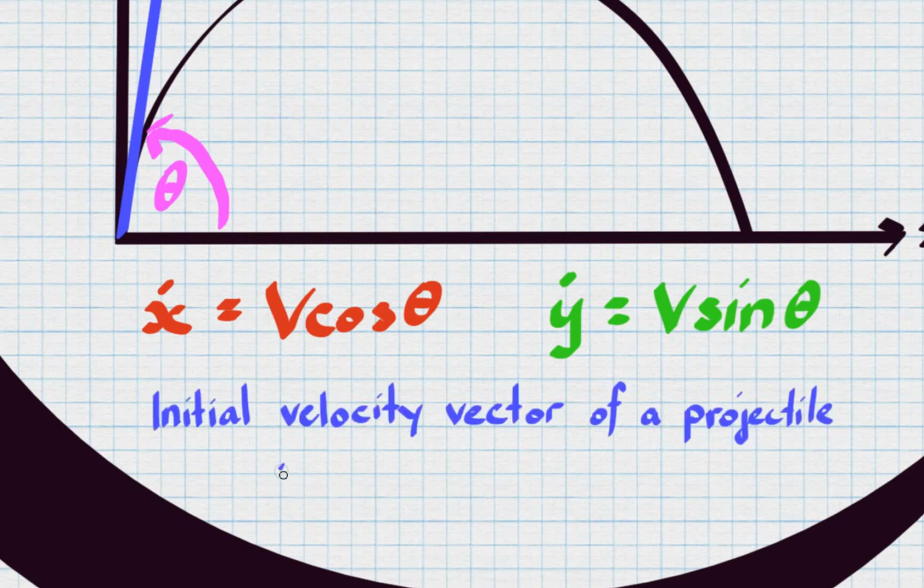We have v with our little tilde underneath to represent a vector is equal to its horizontal component, so v cos theta, in the horizontal direction, which we know we can use the unit vector i, plus our vertical component, which is v sine theta, and we can use the unit vector j, which is our unit vector in the vertical direction. So this is the expression for the initial velocity vector of a projectile.